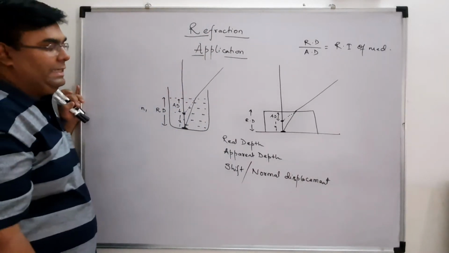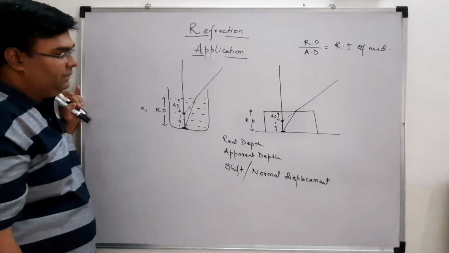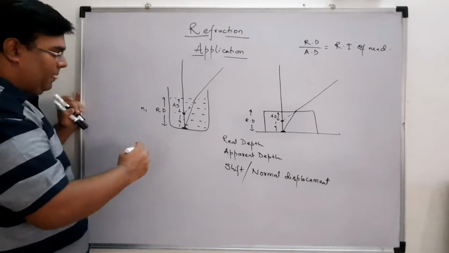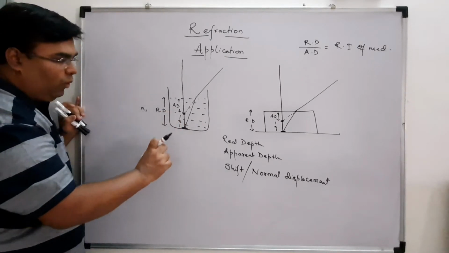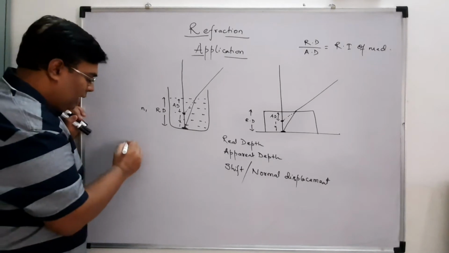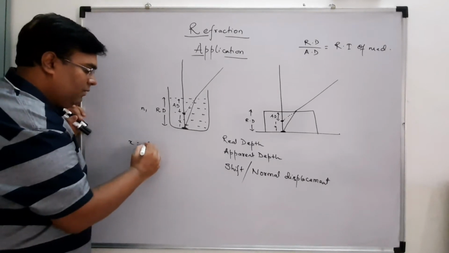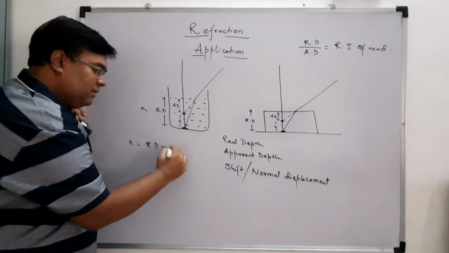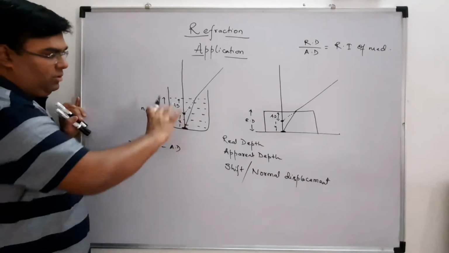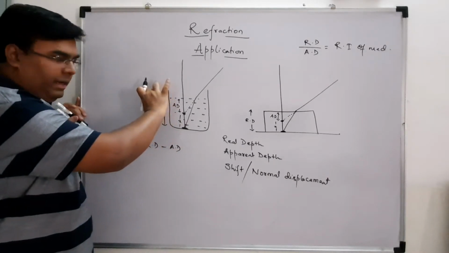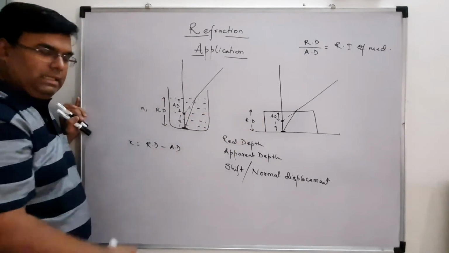So what is the formula for this? To calculate x, x is equal to real depth minus apparent depth. This whole depth minus apparent depth gives you x.